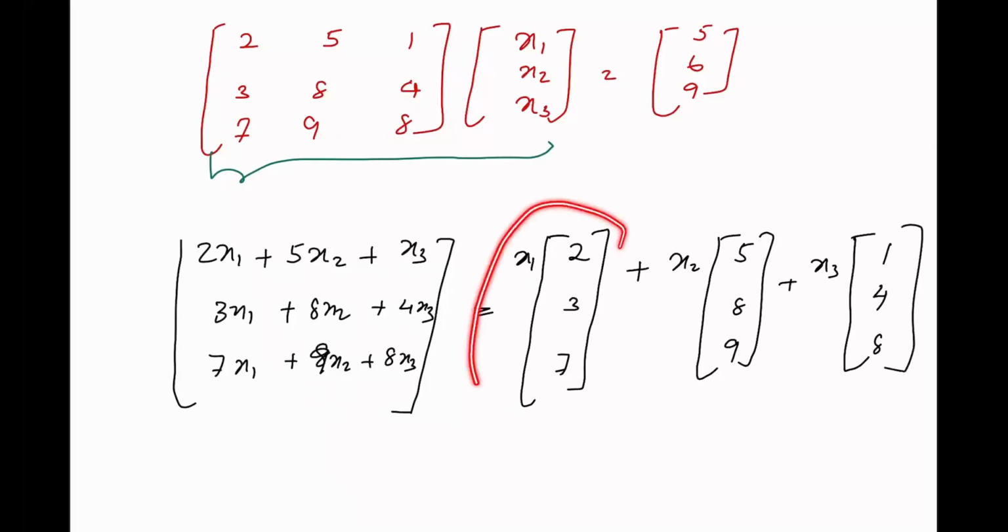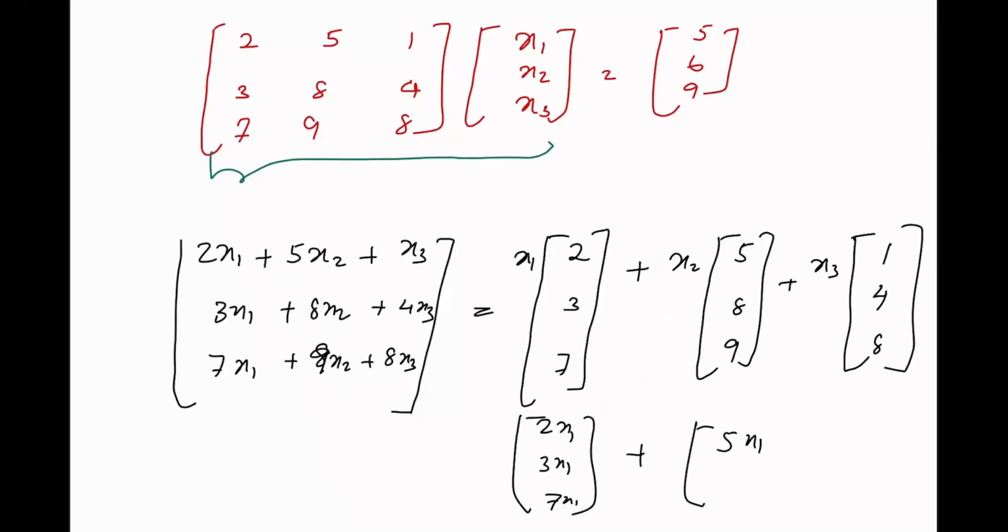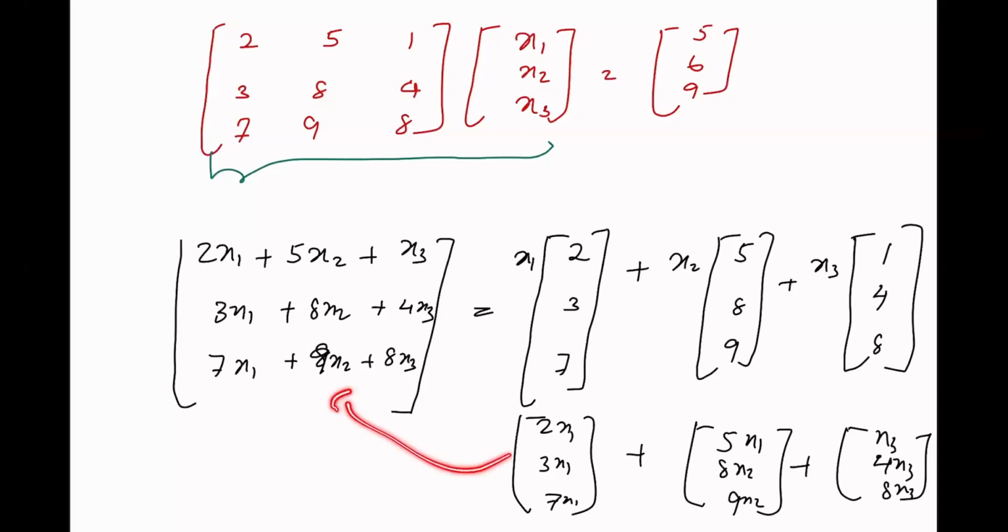If you multiply these vectors, you get 2x1, 3x1, 7x1, then 5x2, 8x2, 9x2, and 1x3, 4x3, 8x3. These are three vectors, and if you add them up, you will get this vector.